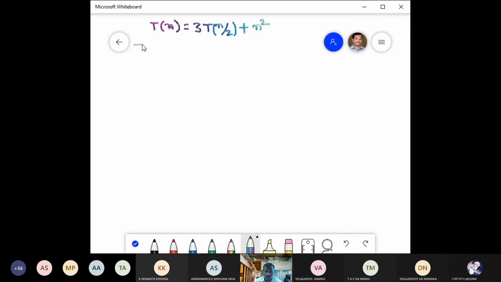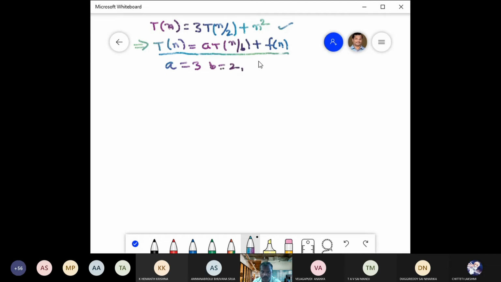You have to see whether it is in the form of T of n is A into T of n by B plus f of n, because if the recursive equation is in this form, then only we can apply Master's theorem. The given equation is in the same form, no problem. So what is the A value? A is 3, B is 2, and f of n is n square.